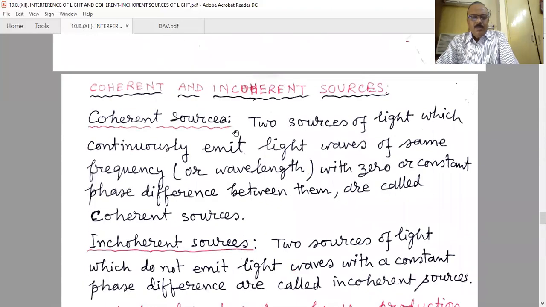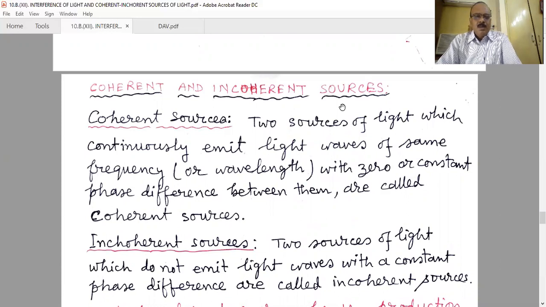Now we go to another topic, that is coherent and incoherent sources. When we define the interference pattern, at that time we have stated that the light coming from two coherent sources, then interference pattern takes place. Otherwise, if light comes from two incoherent sources, you cannot observe interference on the screen.